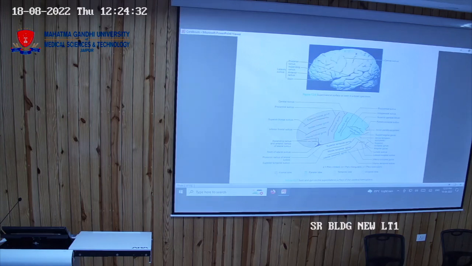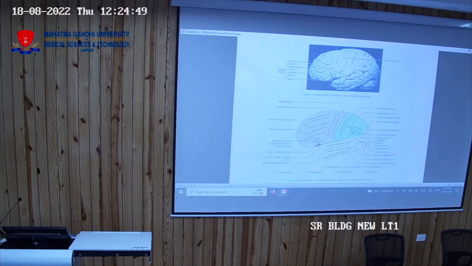Okay. Now look at the inferior frontal gyrus. In the inferior frontal gyrus, you are seeing the rami of the lateral sulcus: anterior ramus, ascending ramus, and posterior ramus.